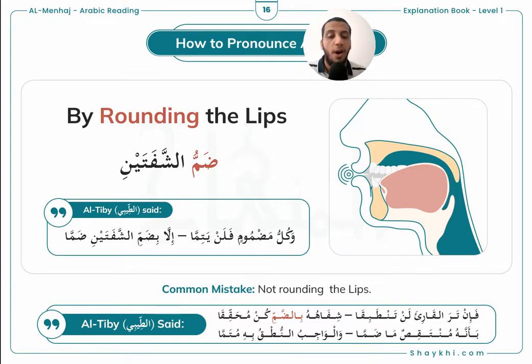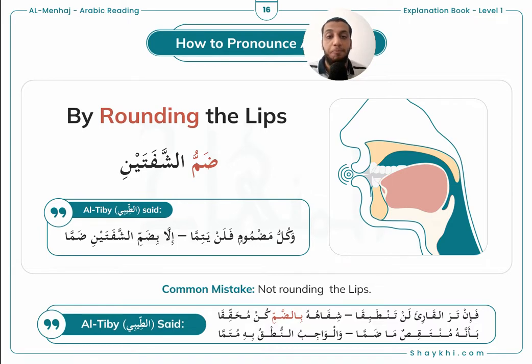Which means if you find the reciter or the one who says any letter that has dhamma but the lips are not rounded or circled, be sure that this ضم is not complete and they should make it rounded or circled.